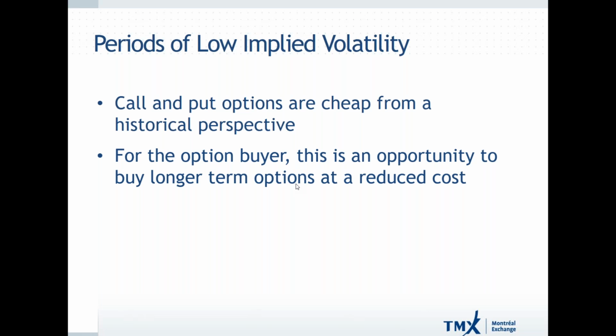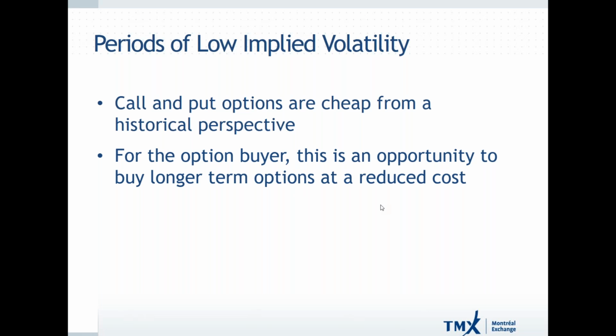So think about what we're trying to do. If we recognize that the implied volatility is low currently, we could have a directional view on an underlying stock, and we could buy that option and not only benefit from an increase in the underlying security, which would be influencing the option contract, but if on that movement we get an increase or an expansion of implied volatility, that will also work in our favor as well.